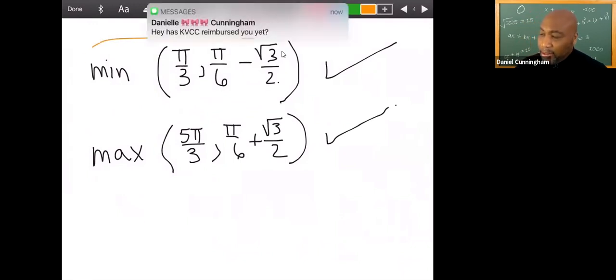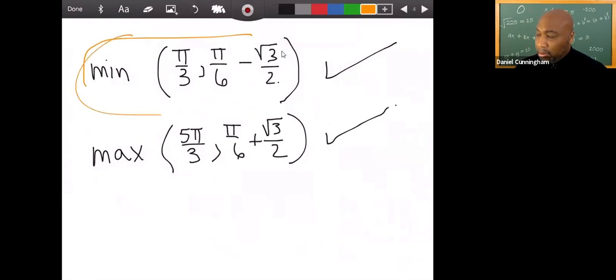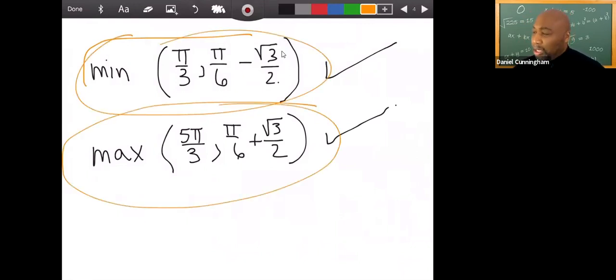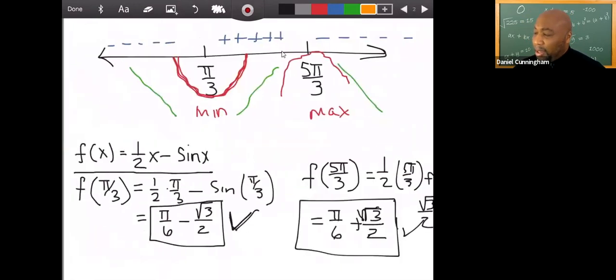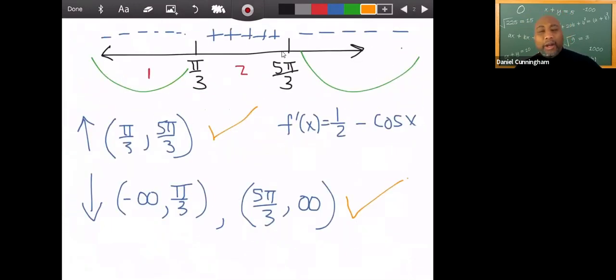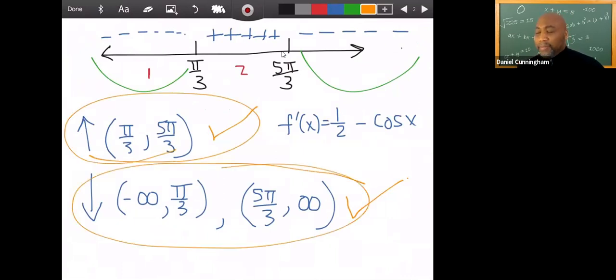Let's circle that since that's what we have here. There's our min. This is our max because you want to give the x and y value. And then we have our decreasing and where the function is increasing. Giving those values and giving those areas, you can now sketch the graph of this function.